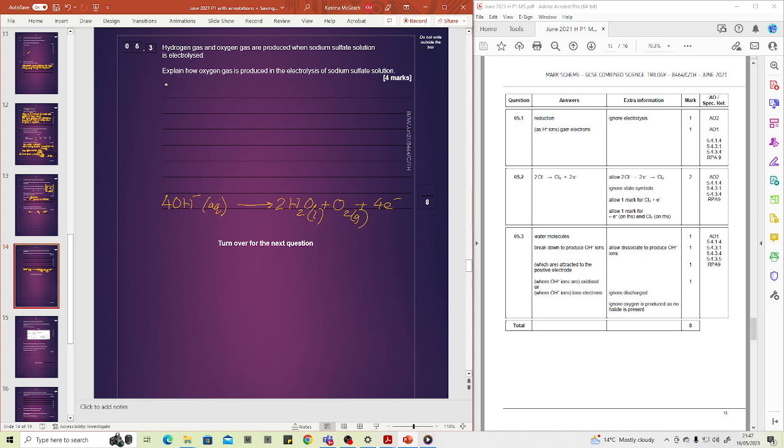So we've got hydroxide ions are attracted to the electrode. Hydroxide ions from water molecules that dissociate. And again, use an equation, and you can use an equilibrium if you want as well.